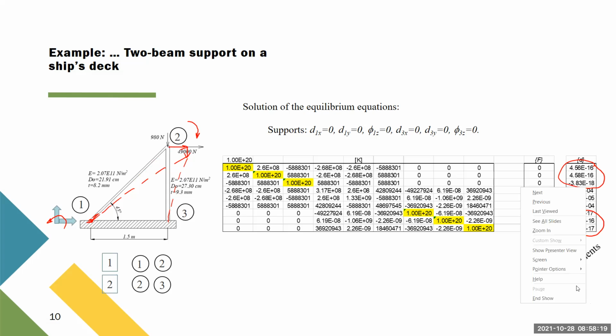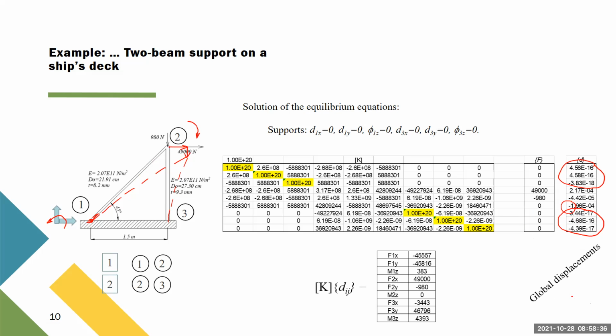These are global displacements. Okay? Questions about this, people? Questions? You can proceed at home and review it.